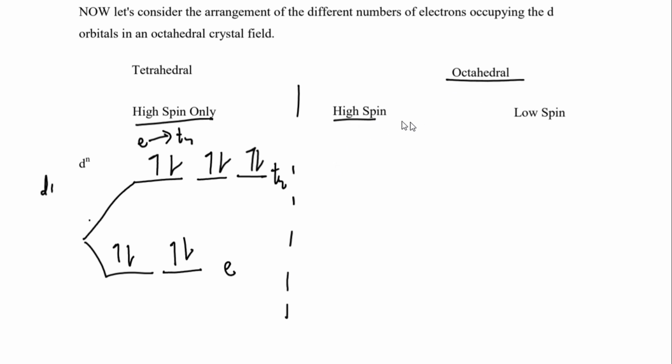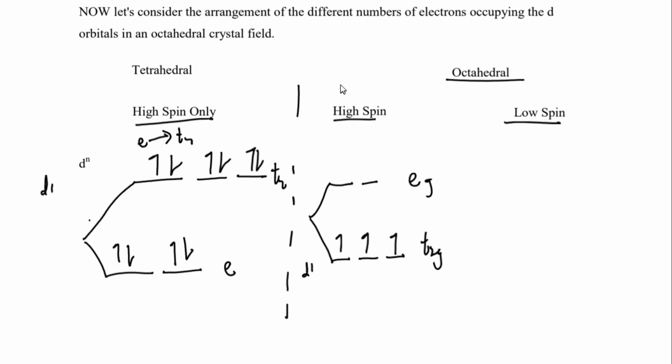Octahedral can be high spin and can be low spin. Let's start with the high spin. It's the inverted form of this, with t2g and eg. We put g there to show that it's symmetrical. d1 will be 1 electron, d2 will be 2 electrons, then 3 electrons.